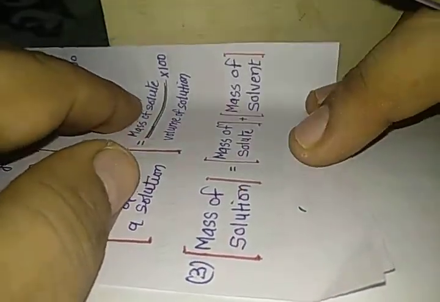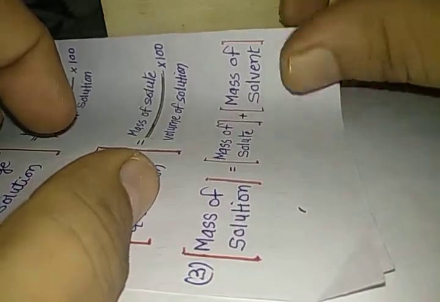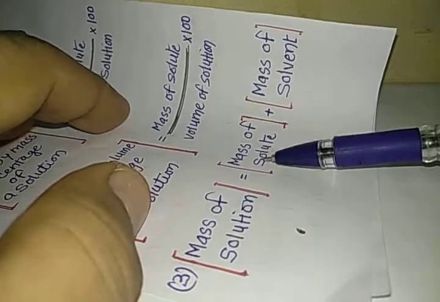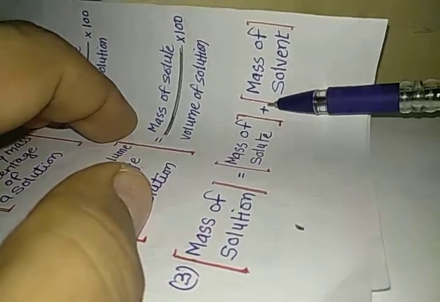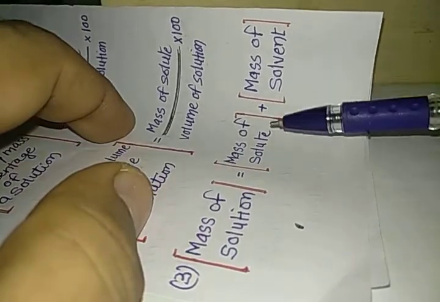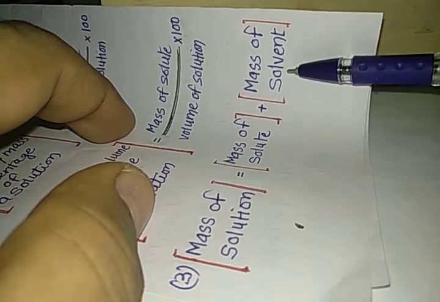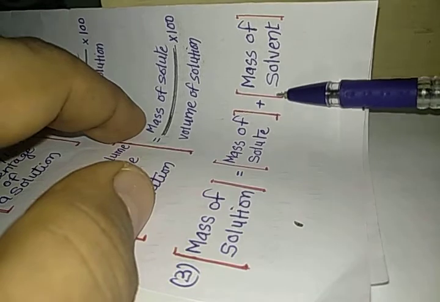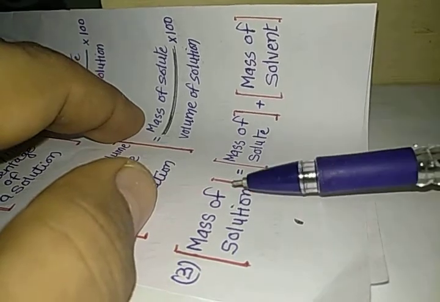There is one more formula which is useful for various problems, and that formula tells us that mass of solution is equal to mass of solute plus mass of solvent. Solute and solvent are the components of solution, and this is how we can understand that the mass of solute plus mass of solvent is equal to mass of solution.